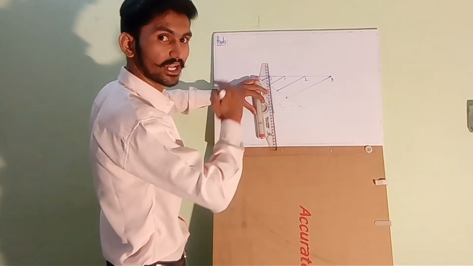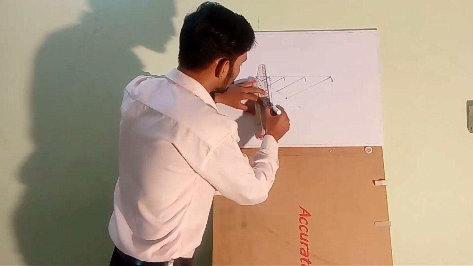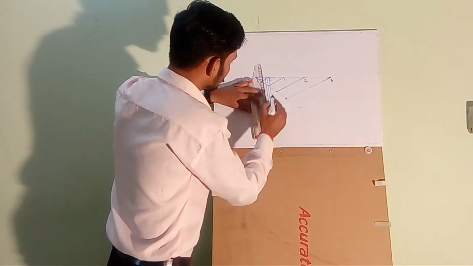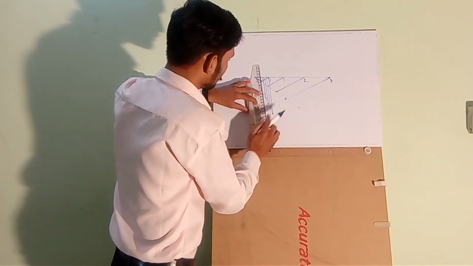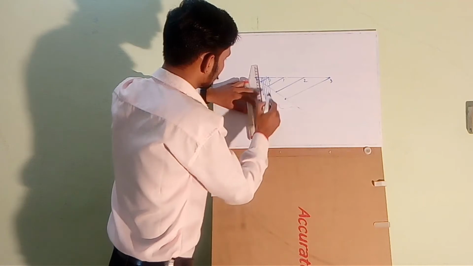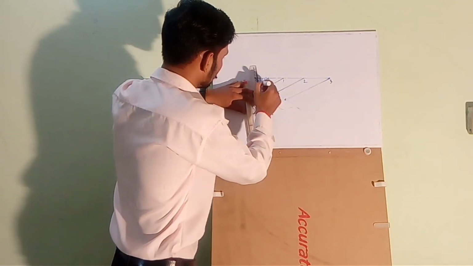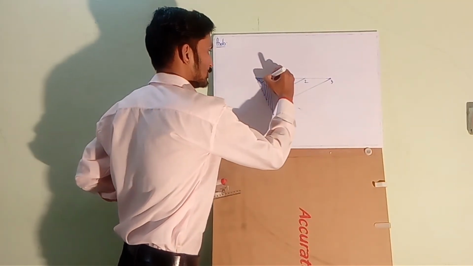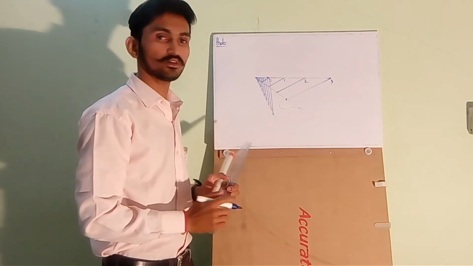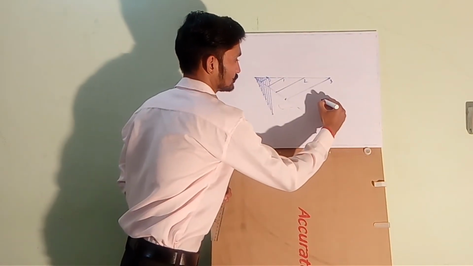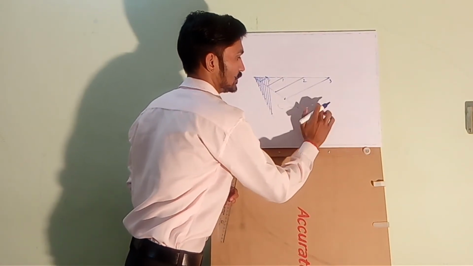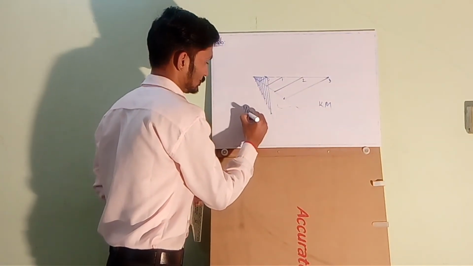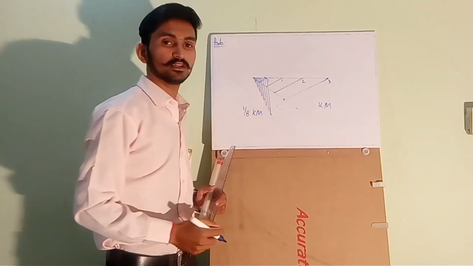Now draw parallel lines from each point. Now these subdivisions represent 1/8 of a kilometer. These are directly kilometers, and these are representing 1/8 of a kilometer.